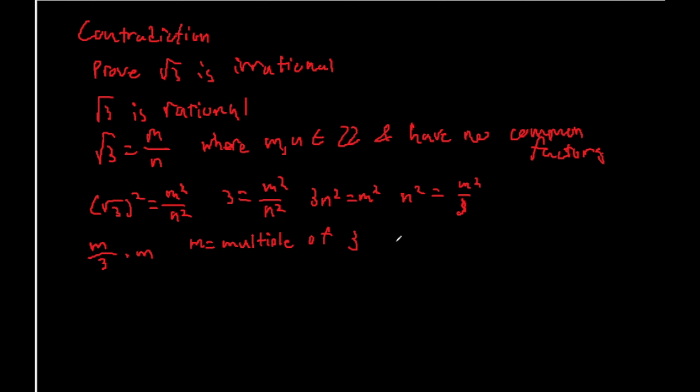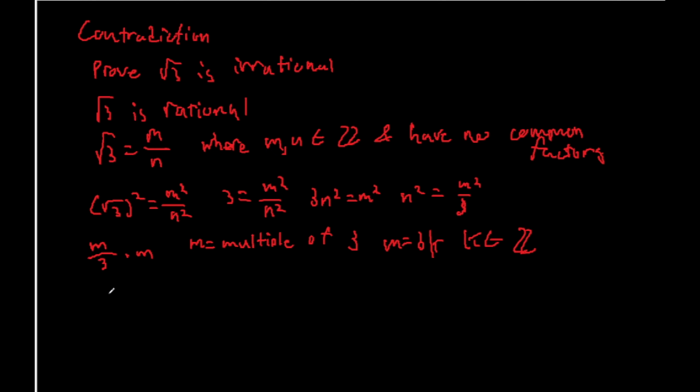So now that we know that m is a multiple of 3, we can say that m equals 3k, whatever k is, 1, 2, whatever. And this is true because, like I said, m is a multiple of 3. So now that we have m equals 3k, we can plug that back into the equation. And actually, let me just specify that k equals any integer. It's important to specify in these proofs.